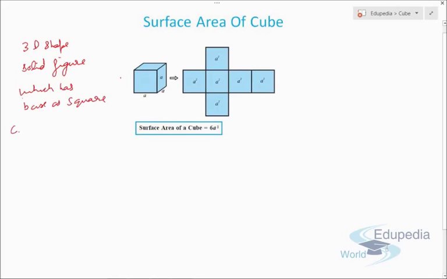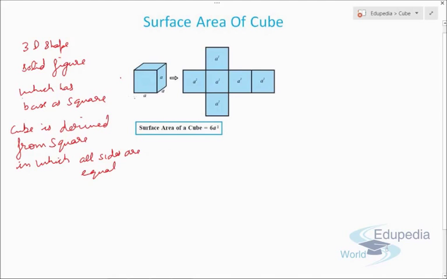This means that a cube is derived from a square in which all sides are equal. So it's a 3D solid regular figure in which all three sides are equal.